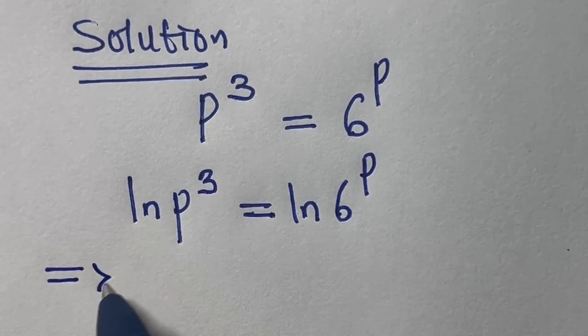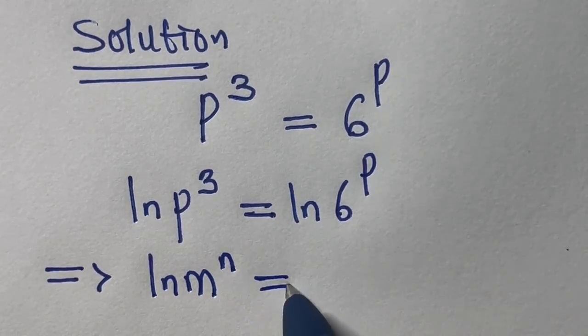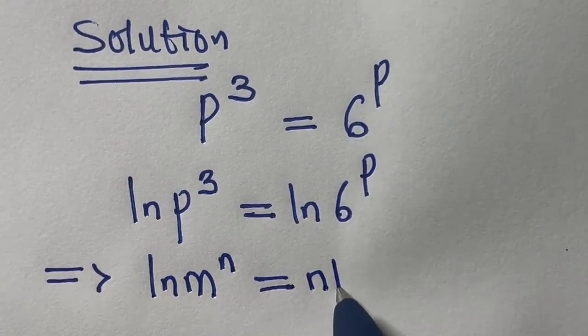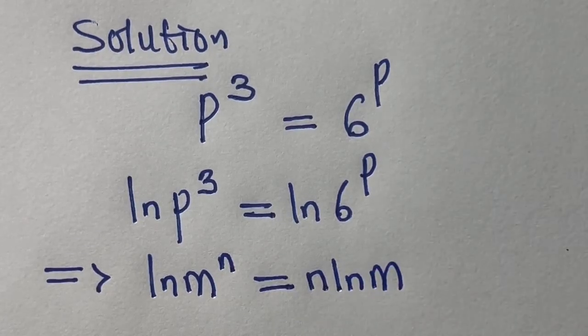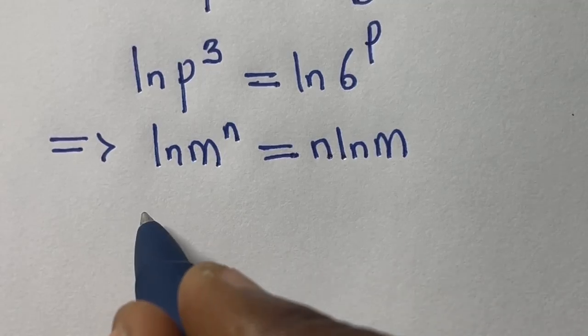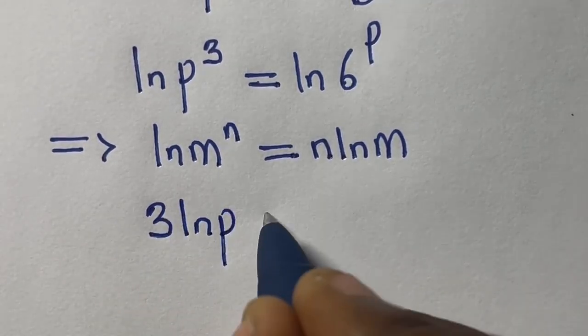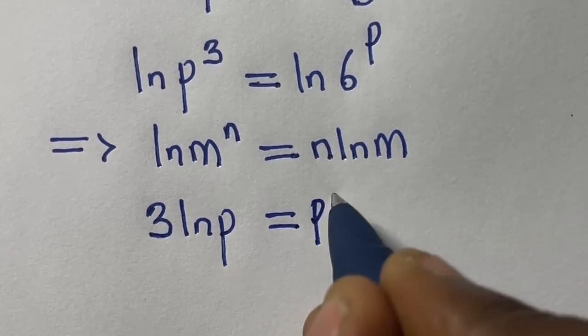However, recall that if we have ln m raised to power n, this is equal to n ln m. Right? So applying this, we will have 3 ln p equals p ln 6.